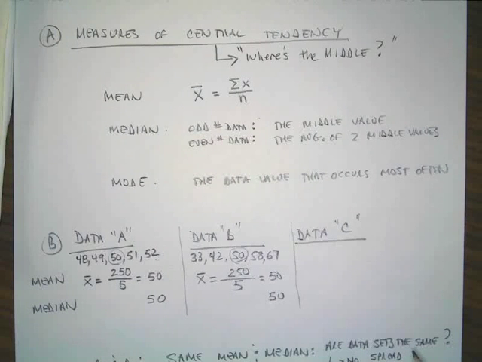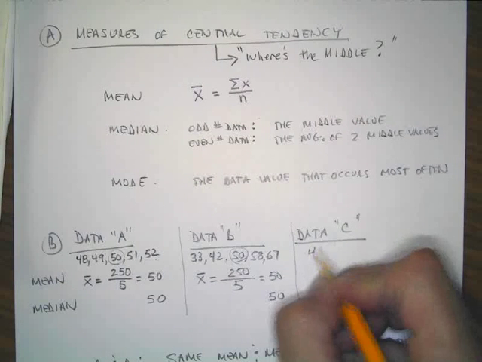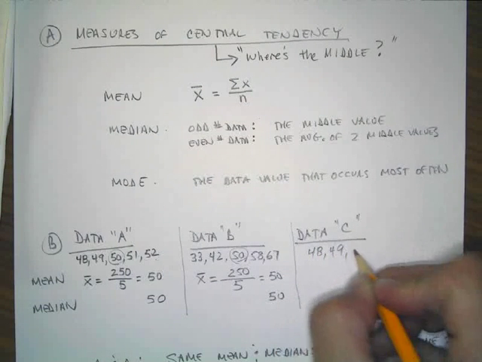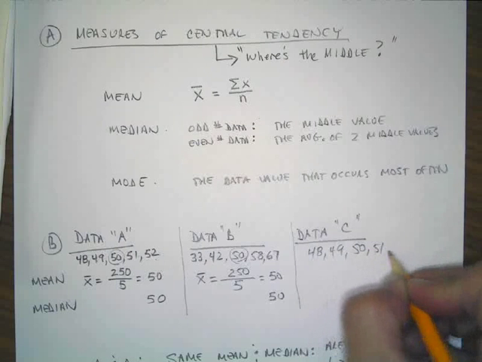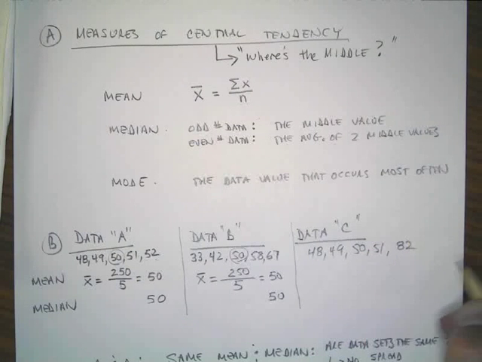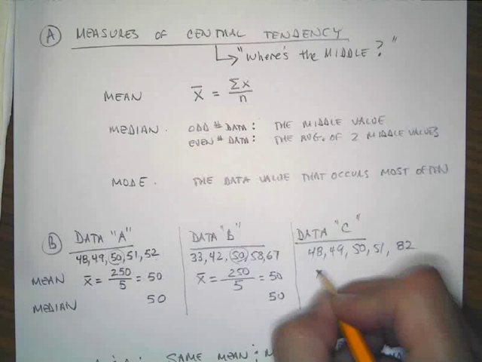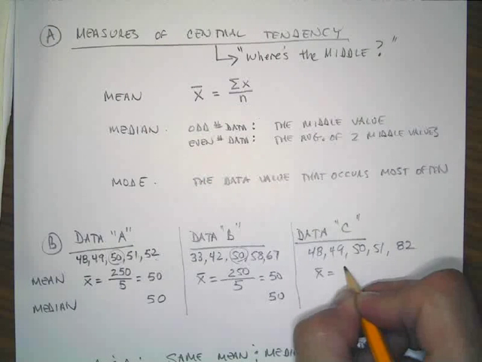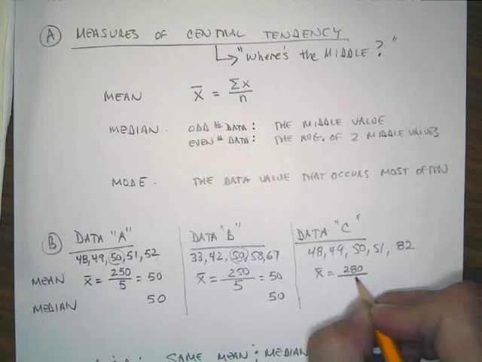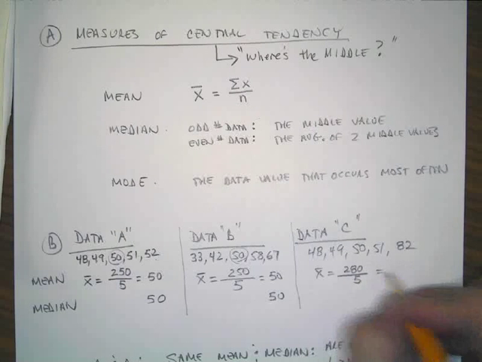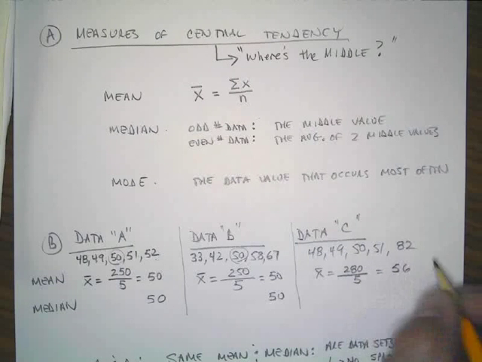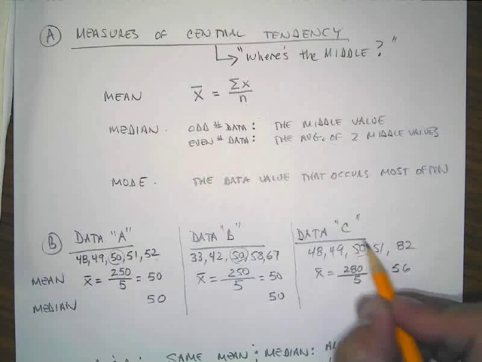Okay? Now, let's throw another data set in here. Let's choose 48, 49, 50, 51, and 82. If we calculate the mean, the numbers add up to 280. There are 5 values, and the mean is 56. The median is the middle value.